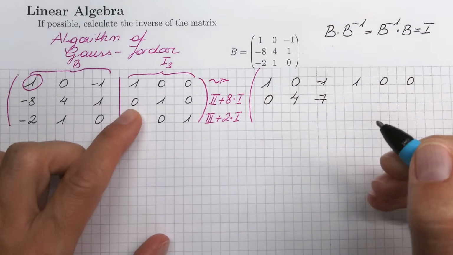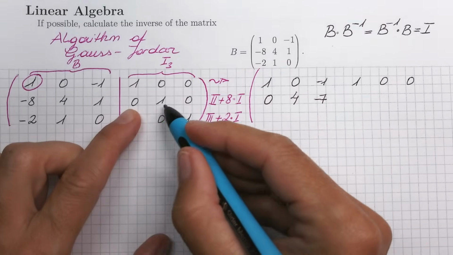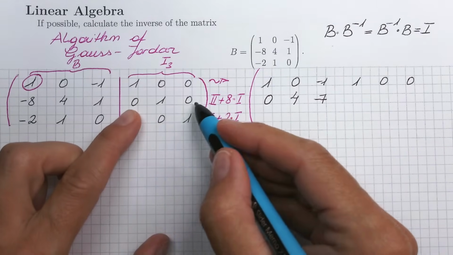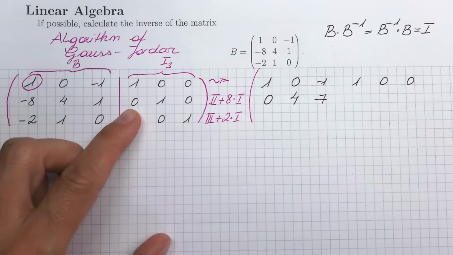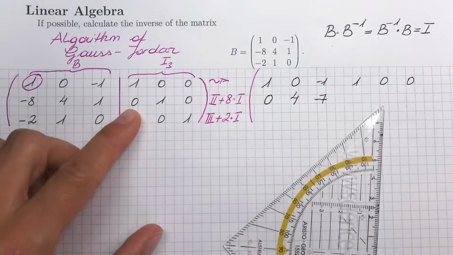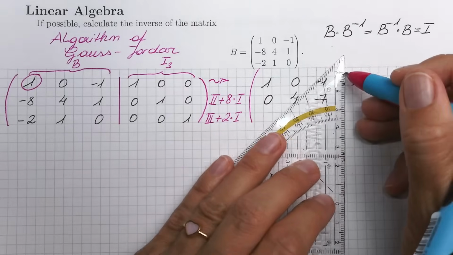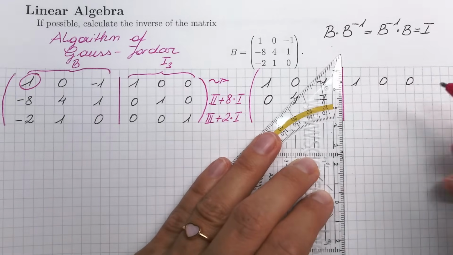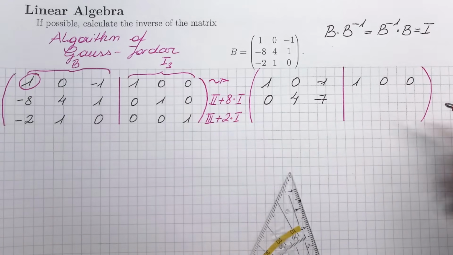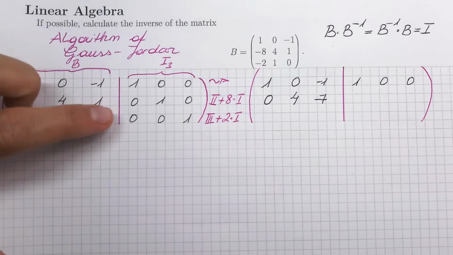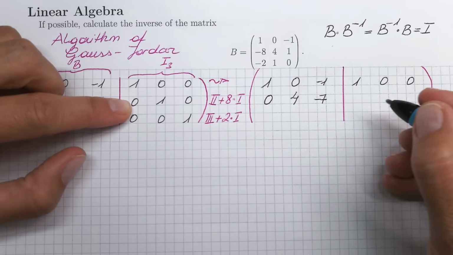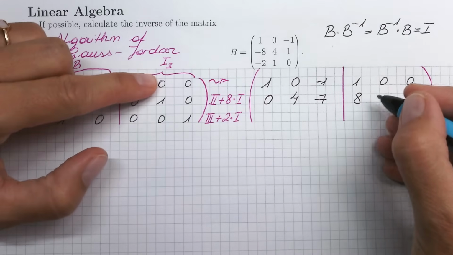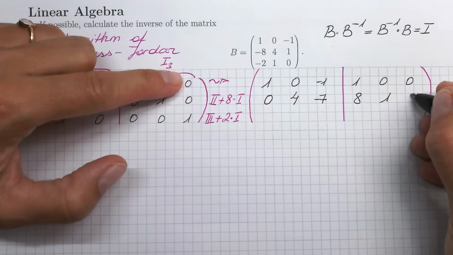And now, that's the trick, these row operations are also applied to the identity matrix on the right hand side. That's more or less the trick, because in the end we want to have the identity matrix on the left hand side. Okay, now 0 plus 8 is 8. 1 plus 0 is 1, 0 plus 0 is 0.